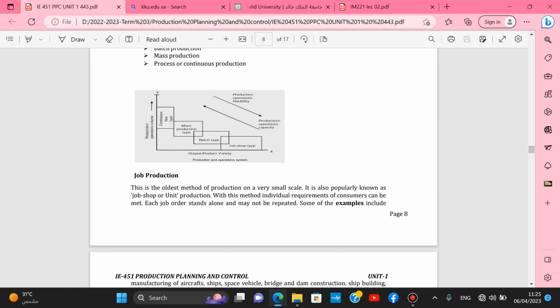Here the batch type, we have much more volume but less variety of products. Mass production type, here we have more volume and less varieties in the product. And finally we find here the continuous flow type, in which the variety of the products is very low, and the volume is high.